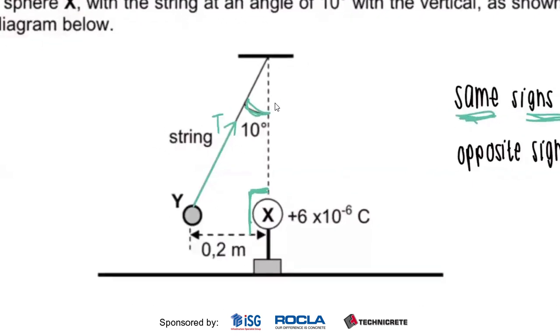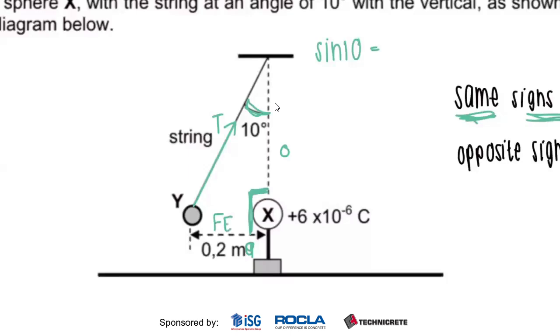Tension over here is the hypotenuse. This is the opposite side, and that is the adjacent side. That's 90 degrees. Now we would say that the sine of 10 is... the electrostatic force.